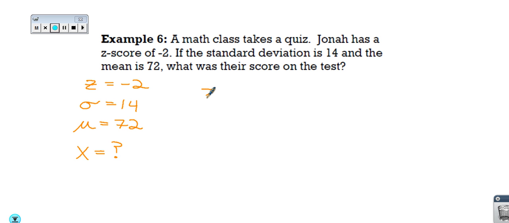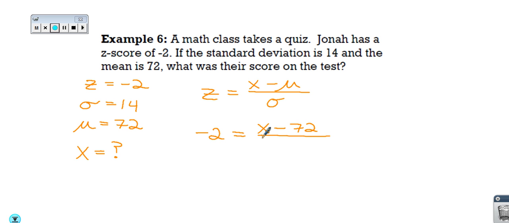And we do have a formula for z-score. We have this formula here, x minus mu, the mean, all over the standard deviation. Now we have numbers that we can plug in. Z we know is negative 2. X is something we don't know. That's what we're solving for. Mean is 72.